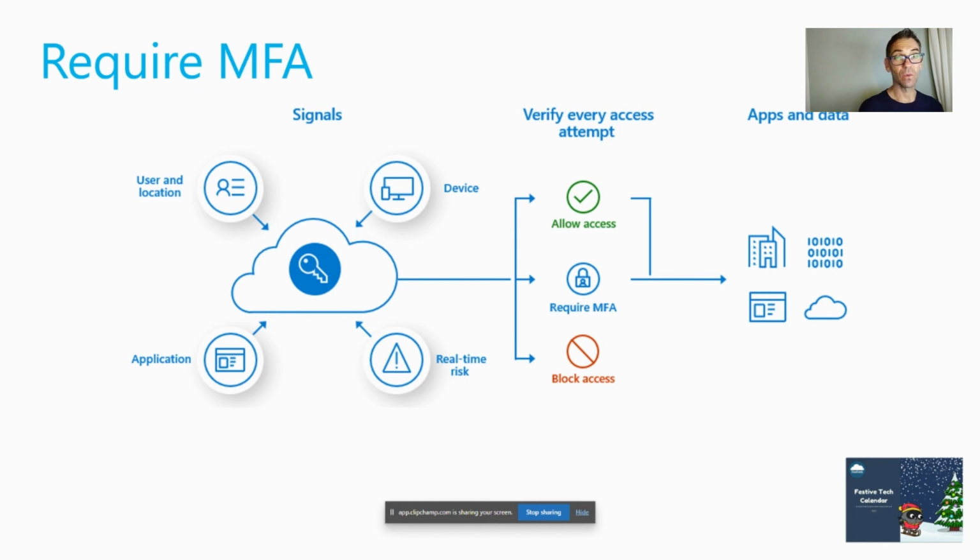Now, we know for a fact that 99.9% of account compromises are prevented by enabling multi-factor authentication. So the compromise of accounts with MFA is less than 0.1% of the general account population. But MFA is attacked, and as more organizations adopt MFA, the attacks on MFA will be evolving.